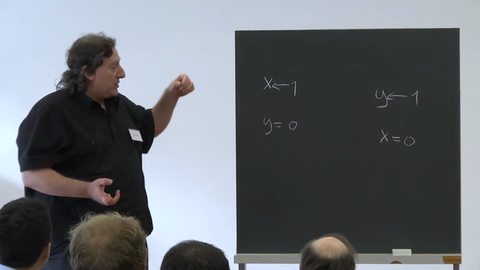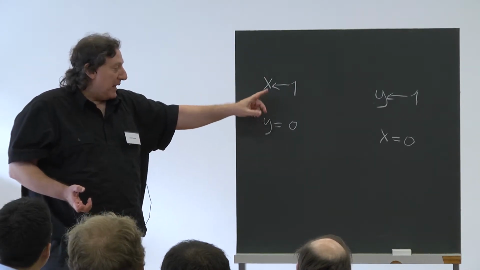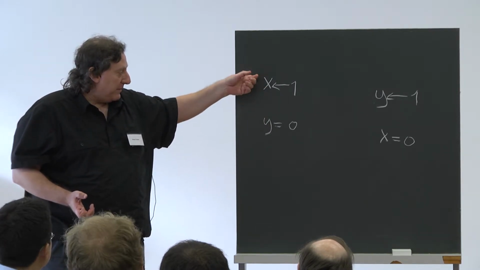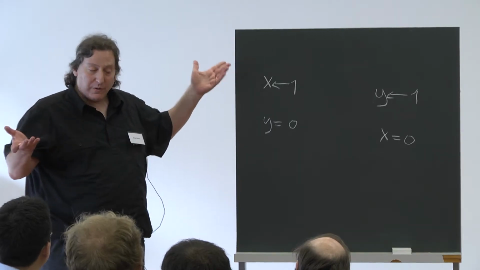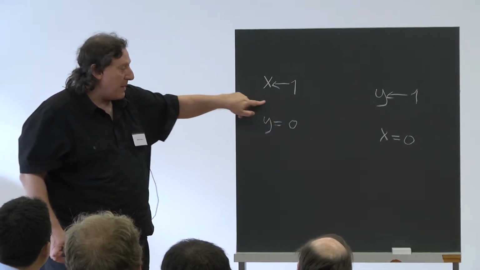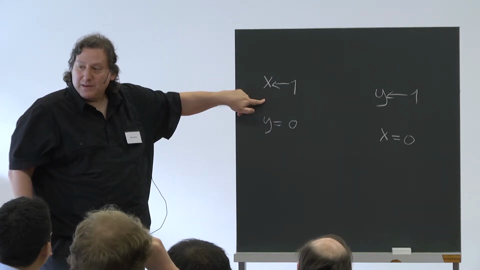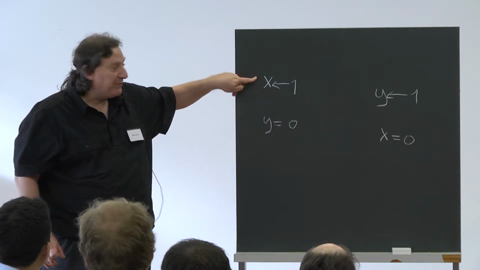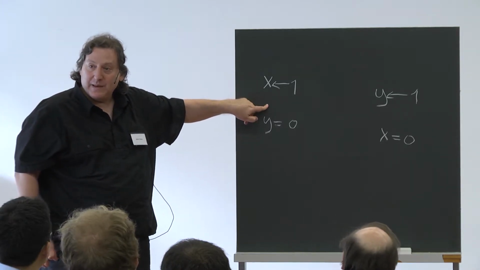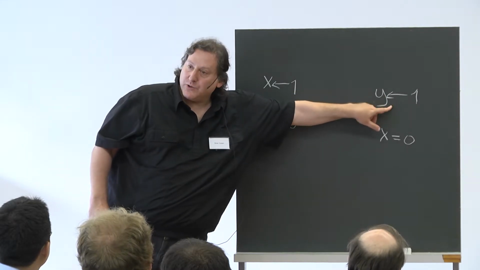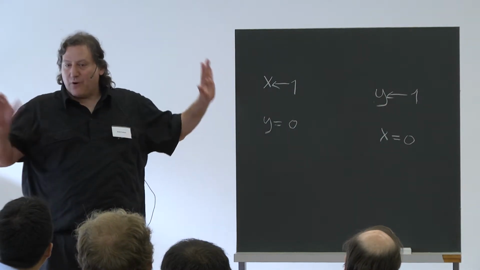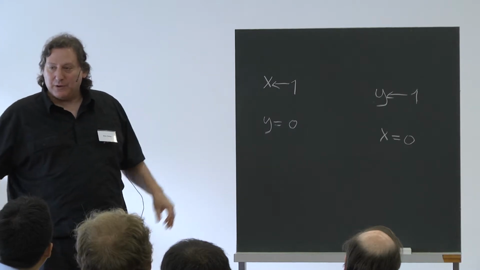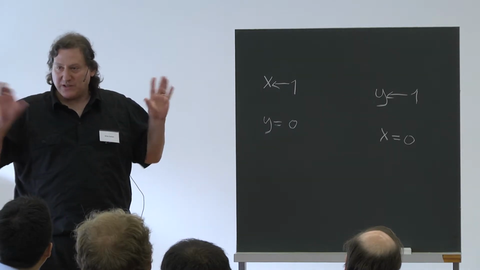For example, either the programmer or the compiler would add a memory barrier here. In the case of x86, it would flush this store buffer, and over here it would also flush this store buffer.